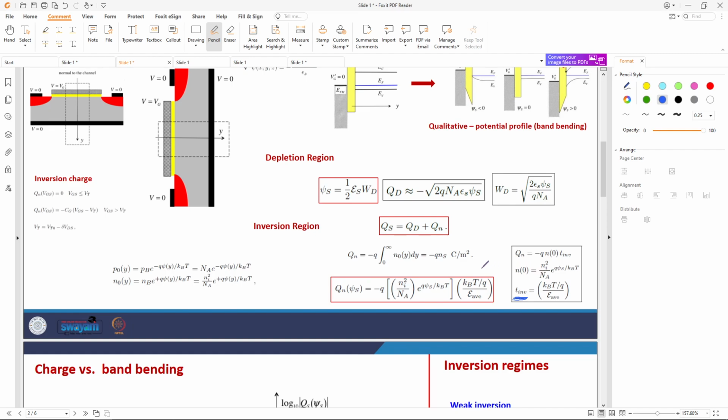This essentially comes from the fact that at high temperatures... what is the unit of kBt? What dimensions does kBt have?